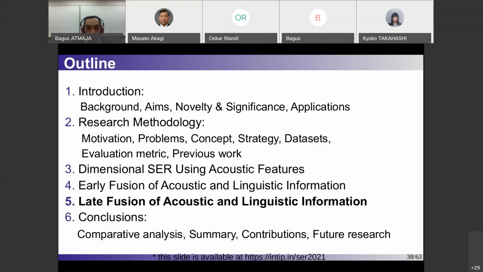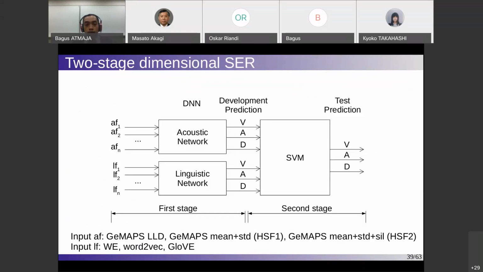So next is the last subgoal, which is late fusion of acoustic and linguistic information. In this late fusion, I proposed two-stage processing by combining DNN and SVM. For each type of information, I trained separately: for example, an acoustic network using one DNN, and linguistic using another DNN.